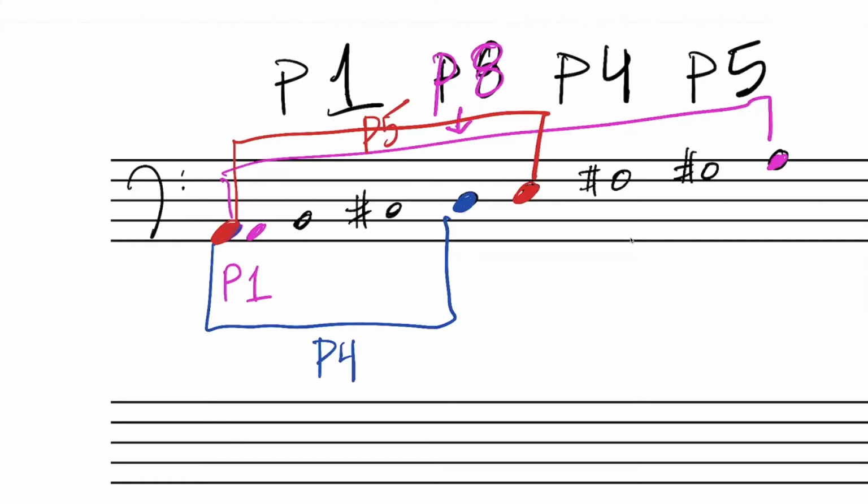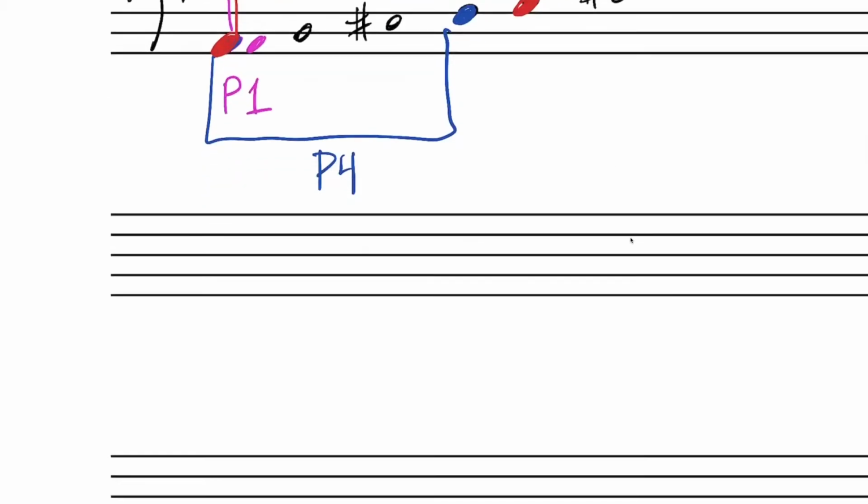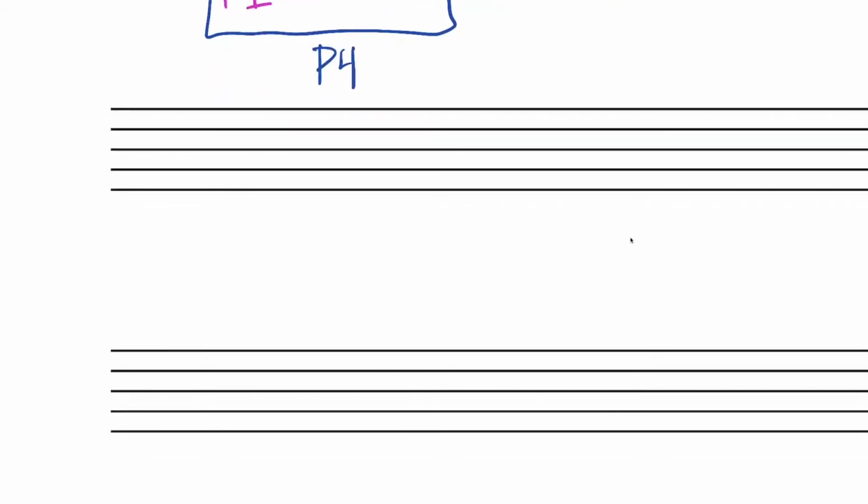Let's try a few now with a different starting note. Let's say I want a perfect fourth with D as the starting note. How would we go about finding this? Well, if D is the lower note, we want to think temporarily in the D major scale. And all we really need to do is count the scale up to the fourth scale degree.